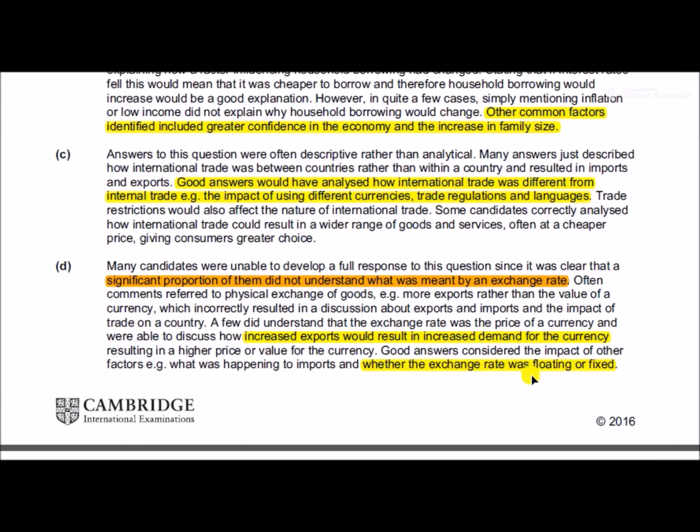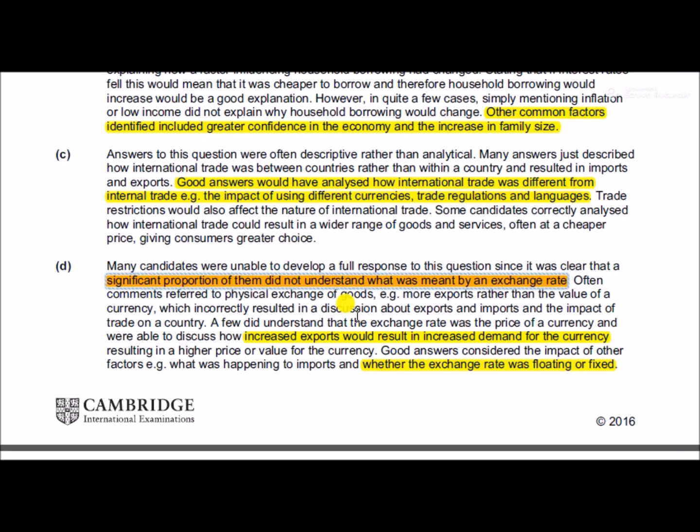What the examiners say. Many candidates were unable to develop a full response in this question, since it was clear that a significant proportion of them did not understand what was meant by exchange rate. So you shouldn't even be answering this question if you didn't know what exchange rate was, because there's 8 marks missing for that. Often comments referred to physical exchange of goods, more exports, rather than the value of a currency.